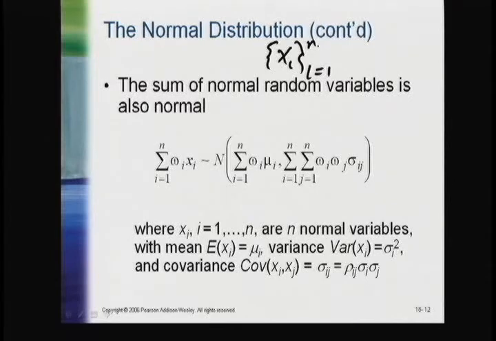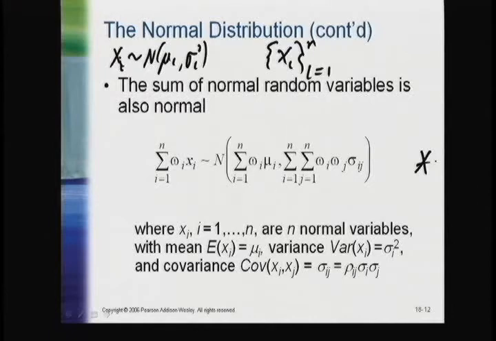Notationally, we would say that each xi is normal, with a mean of mu i and a variance of sigma i squared. They're not independent normals. They're just simply normal random variables, and in this formula they possibly have a correlation between them.